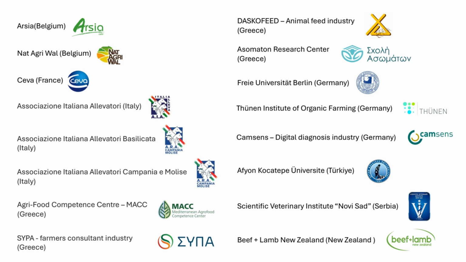Associated organizations are organizations that subscribe to the goals of sustainable worm control of Spark and can contribute by setting up their own activities in this field. For the moment we have over 16 associated organizations as well, from different countries, even from outside of Europe.